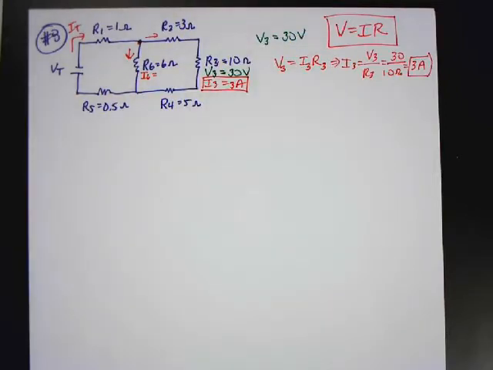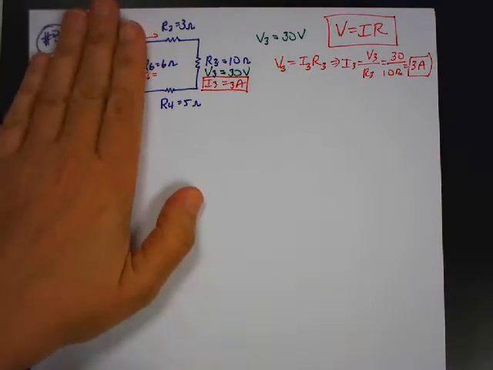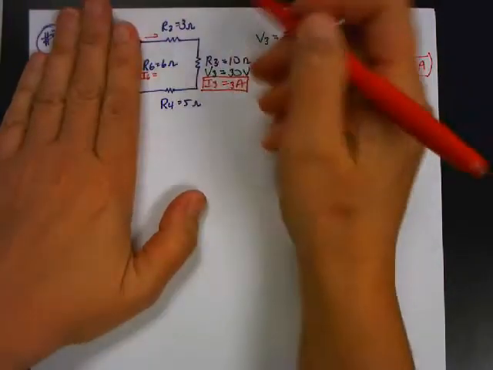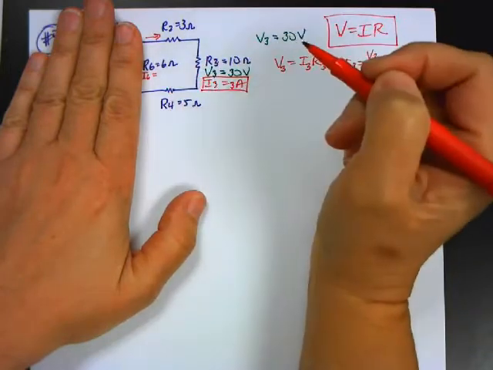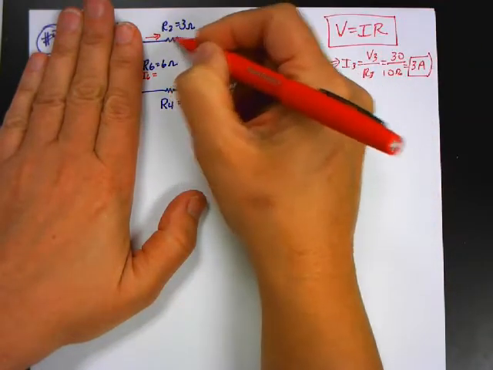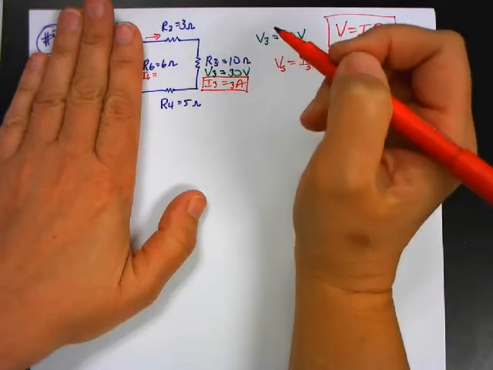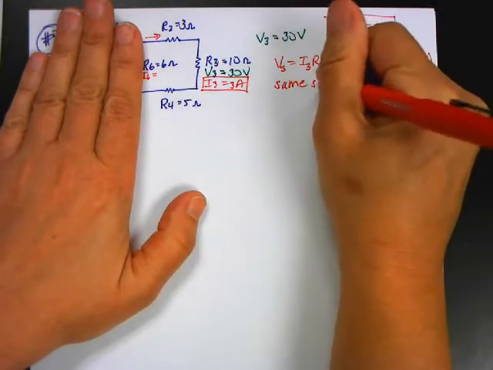Now I'm going to cover up the rest of this problem. When I cover this up, what you see is the current that's going here, that's going here, that's going here, that's all the same, right? And these 3 are in series. I'm going to say to myself, what is the same in series?